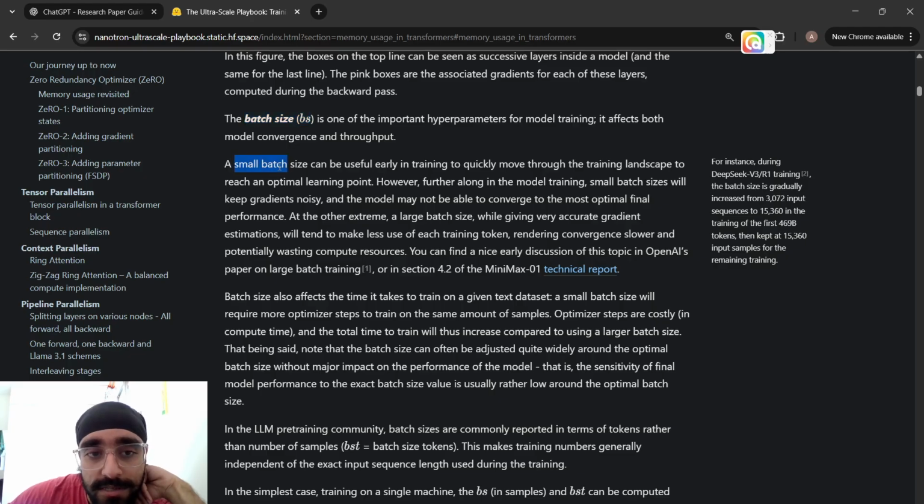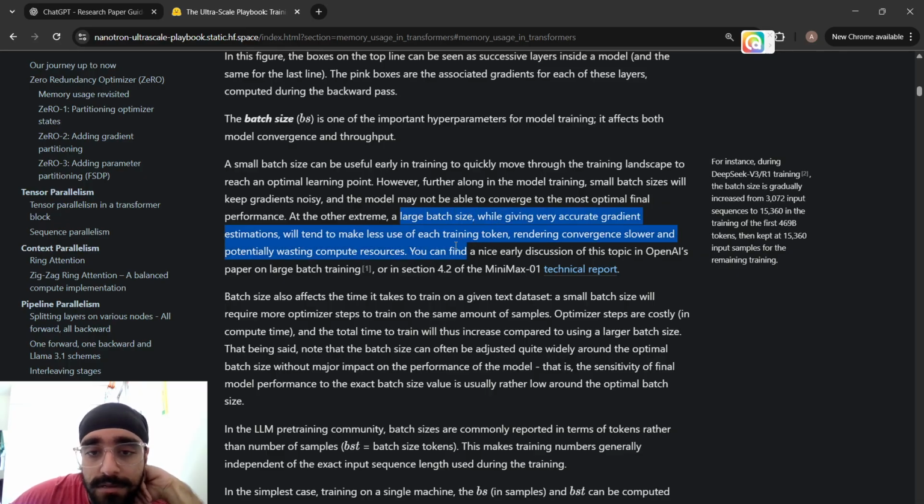Which is what they're saying here, a small batch size, whose extreme case is just having a single sample in the batch, can be useful early in training to quickly move through, but further along the model training it is less useful. If we have a very small batch size, the learning will be very, very noisy, so maybe the model will not be able to converge.